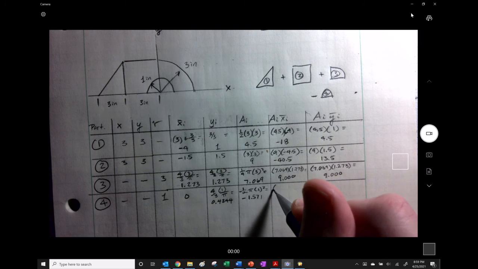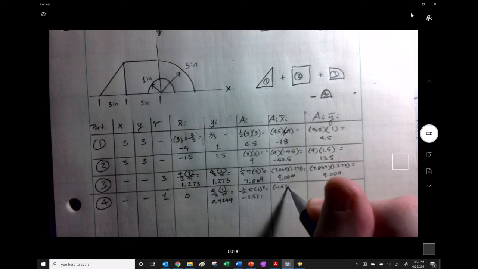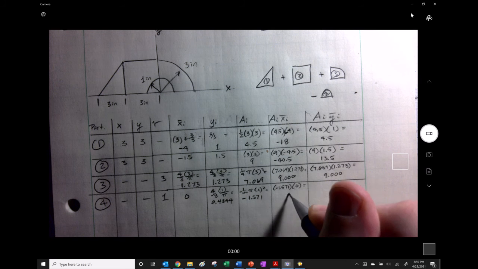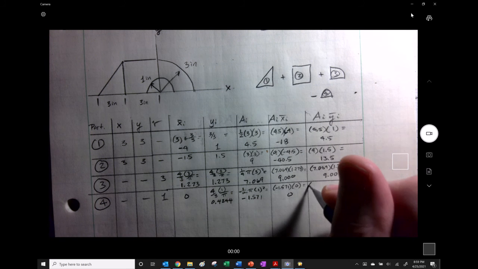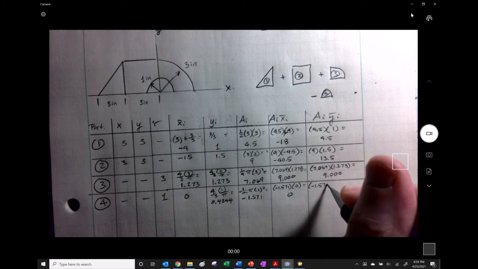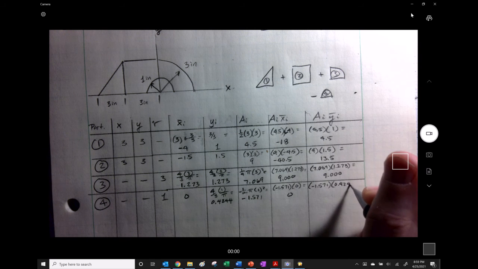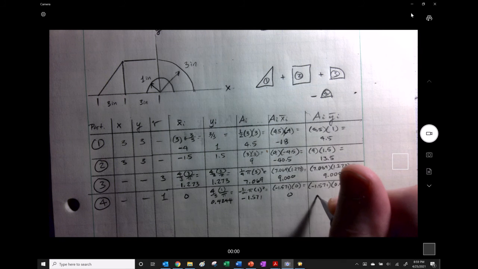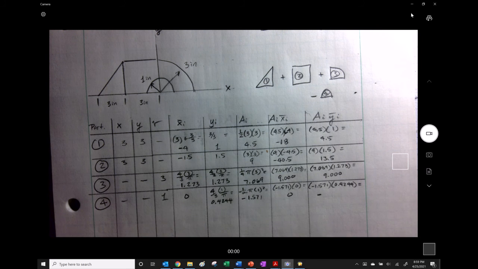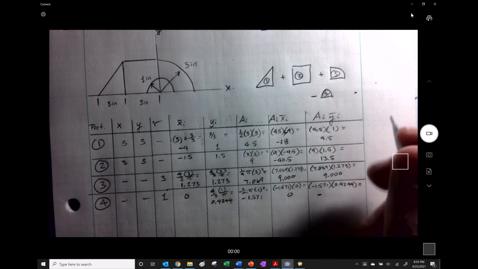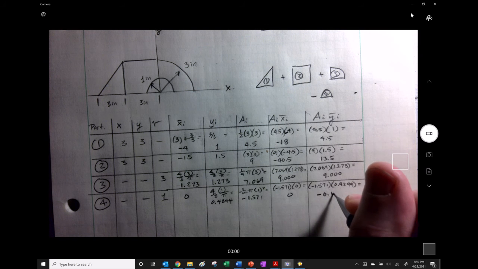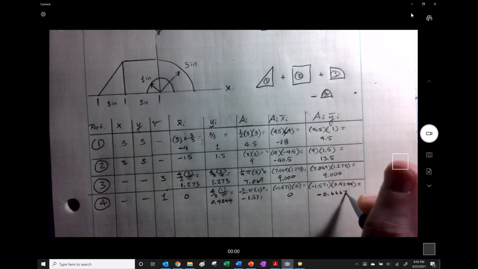And so you got negative 1.571 times 0 is 0. No kidding. And then negative 1.571 times 0.4244 is equal to negative 0.6667.